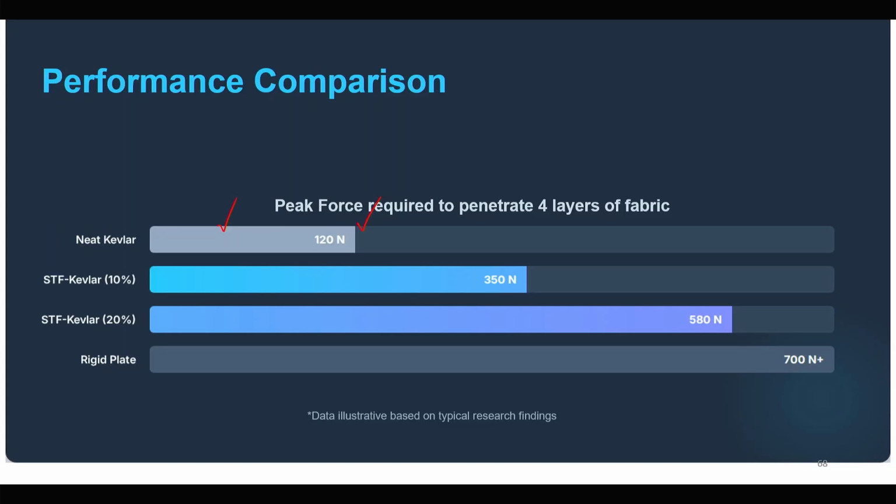As we increase the STF content, the peak force required to penetrate 4 layers increases from 120 to 580 Newton after application of 20% STF, as compared to 700 Newton for a rigid plate.